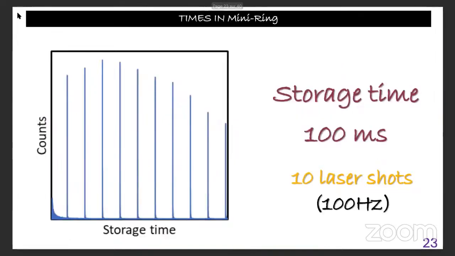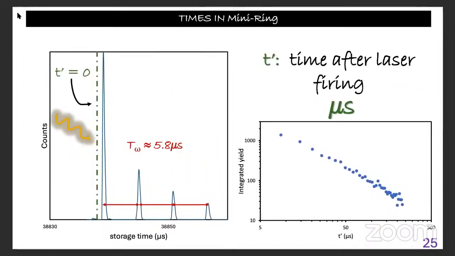The first is milliseconds, because first we have the storage time. This is the total time the cations are inside this ring. And during this time, we fire a laser 10 times. Now if we zoom in, when one of these lasers fires, we observe this.